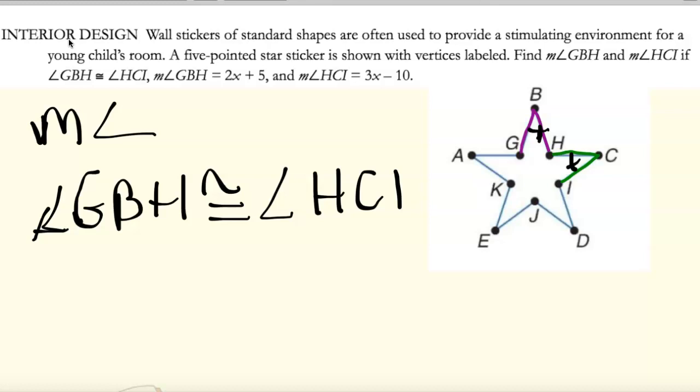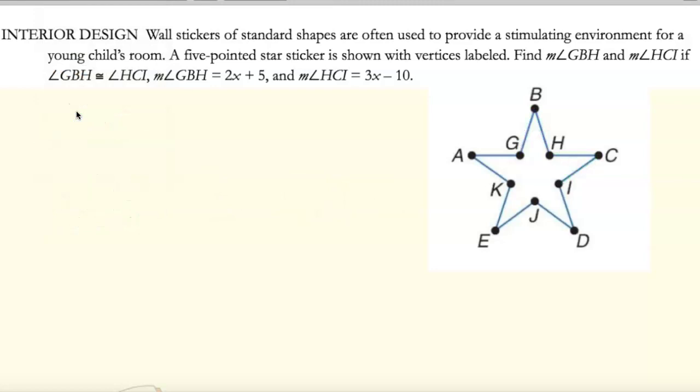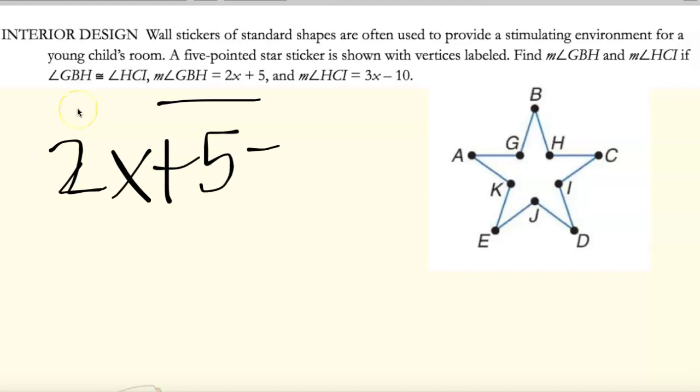So what we're actually going to do now is figure out the value of x based on this equation. Okay? So it told us that they're equivalent. Here we have the measure of GBH is 2x plus 5, and the measure of HCI is 3x minus 10.